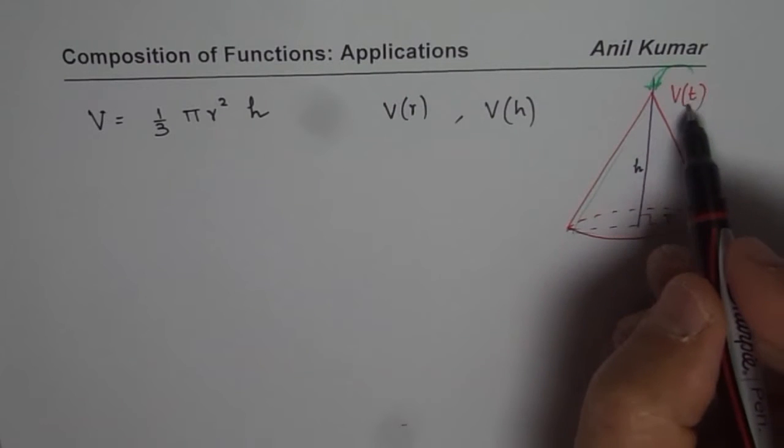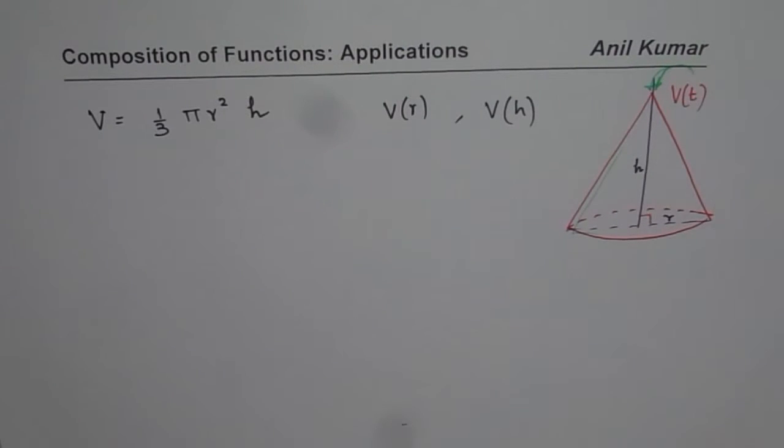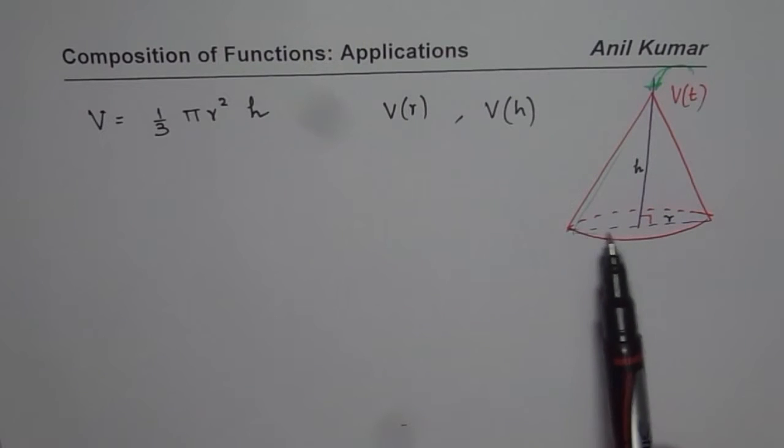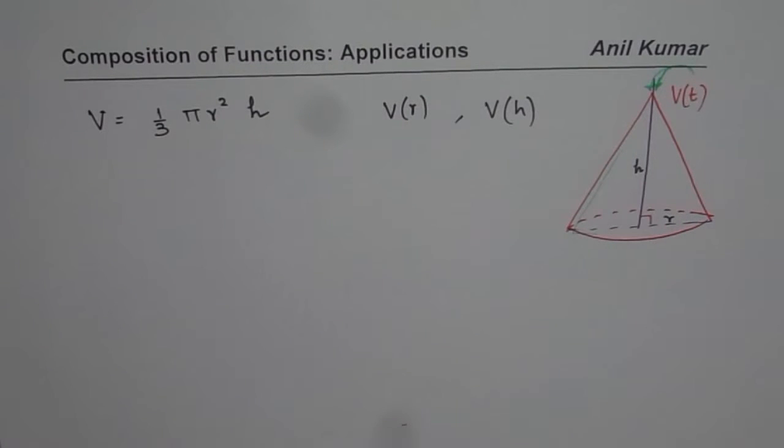So with time we know the volume which is being added on, and we need to find the rate at which it is changing the height, for example. How are you going to solve such a question? And that's a big issue, right?